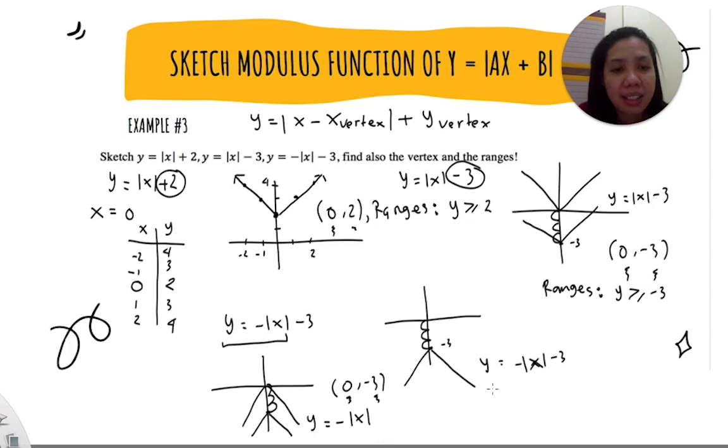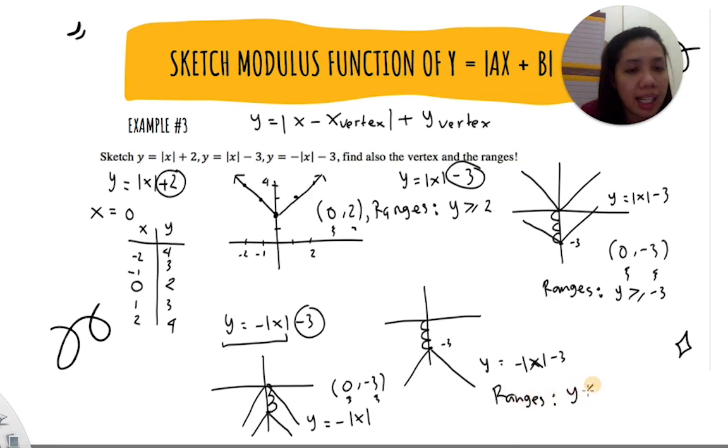For the last example here, the y coordinate of the vertex is minus 3, but for the slope we have the minus sign. It means that the range will be y less than or equal to minus 3, because we have minus here and the graph will be open downward. So the range of this function is y less than or equal to minus 3.